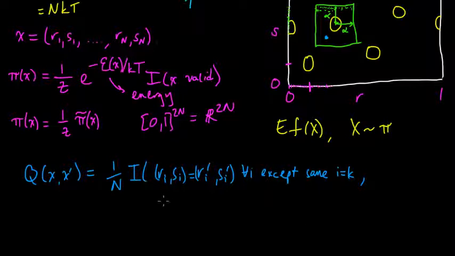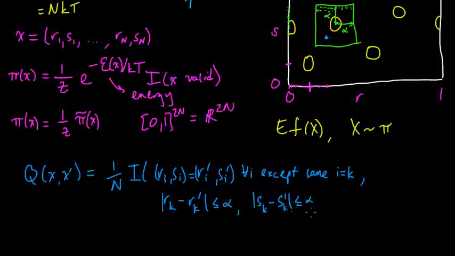And then for that k we have |r_k minus r_k'| less or equal to alpha, and |s_k minus s_k'| less or equal to alpha. This is the indicator saying that we moved only one particle, and that particle has been moved somewhere within this box.